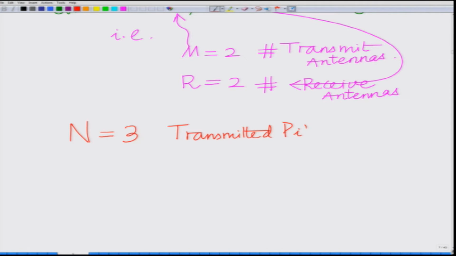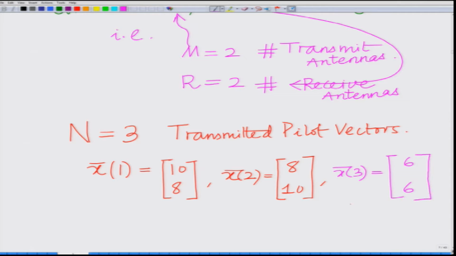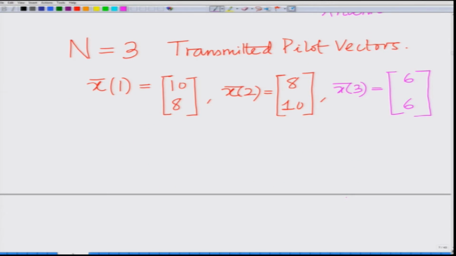Let them be x bar 1, that is the first pilot vector, 10, 8; x bar 2, that is the second pilot vector, 8, 10; and x bar 3, that is the third pilot vector, 6, 6. So, we have 3 pilot vectors that are transmitted.